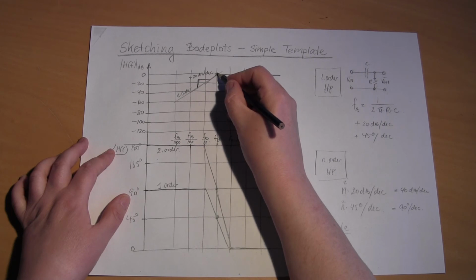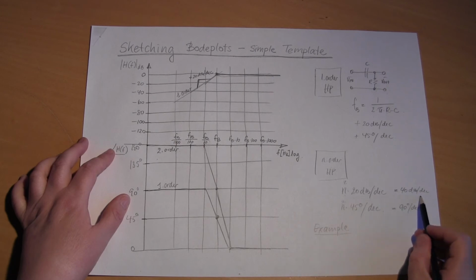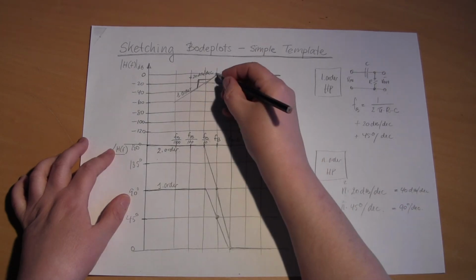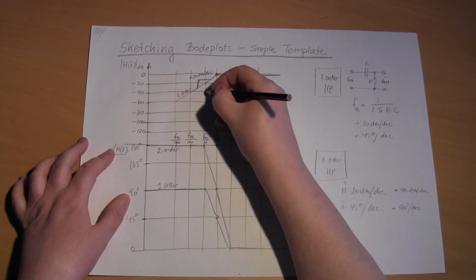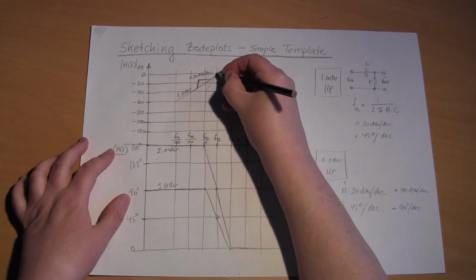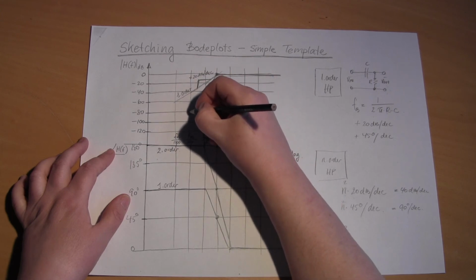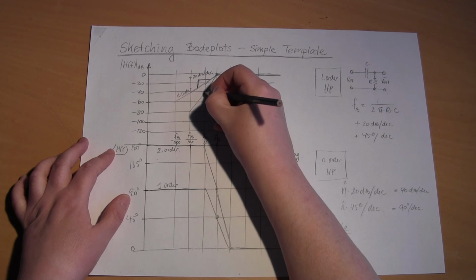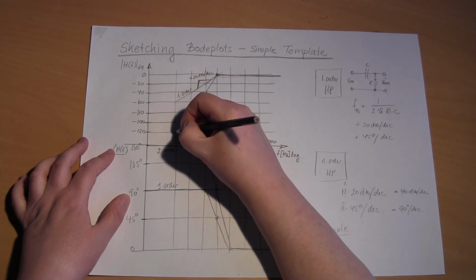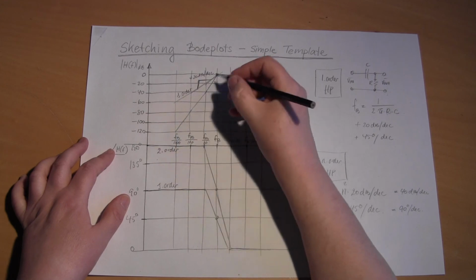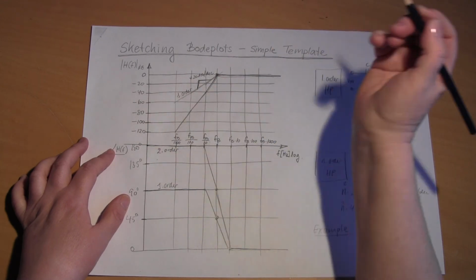But the sloping is now with 40 dB per decade, so I have to consider that I start out here at minus 40 and slope upwards, and the next one will be from minus 80 to minus 40, and from minus 120 to minus 80. So this is the slope of a second order.